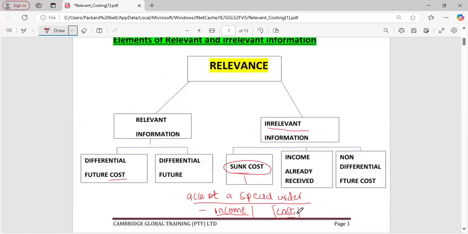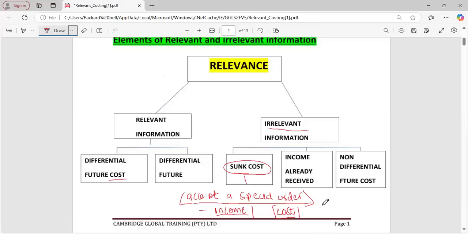So it becomes relevant cost. If something is going to be a cost, whether you accept the special order or not, it's not a relevant cost, because whether you accept the special order or not, you are still going to meet that cost.